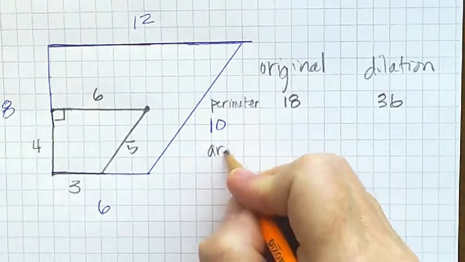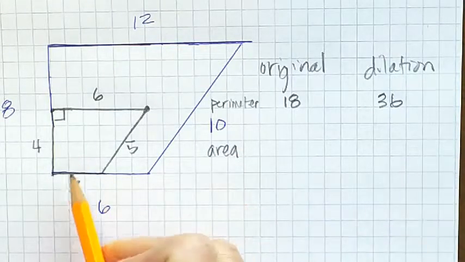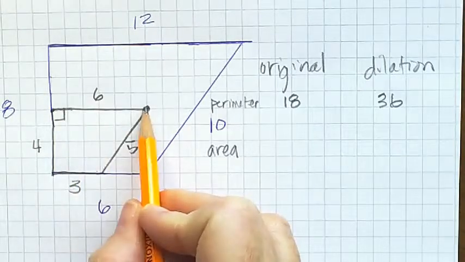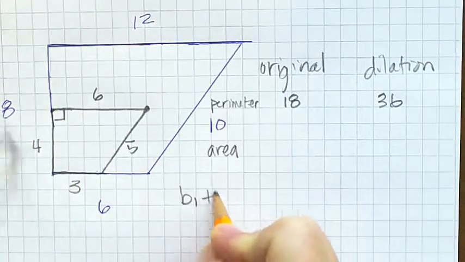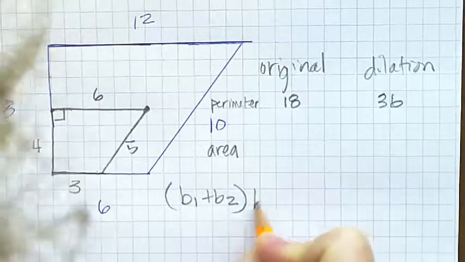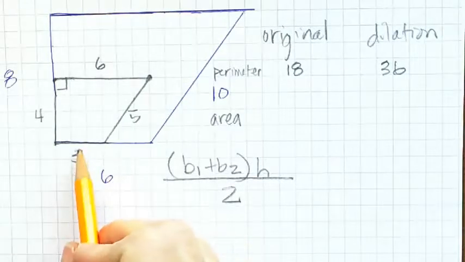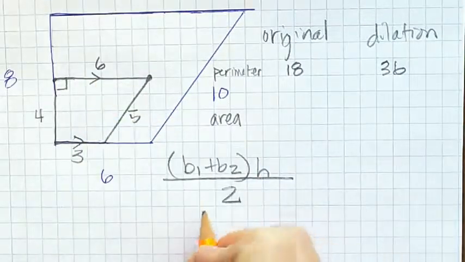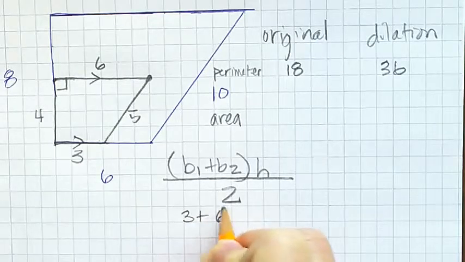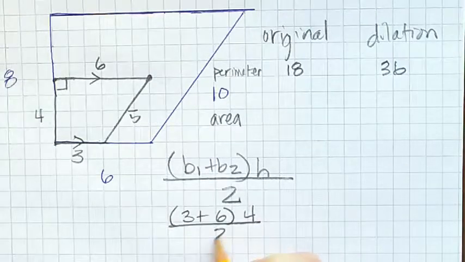The area. For the area of my original, this is a trapezoid. The area of a trapezoid is base 1 plus base 2 times the height divided by 2. My bases are my parallel sides, 3 plus 6, my height is 4, times 4, divided by 2.